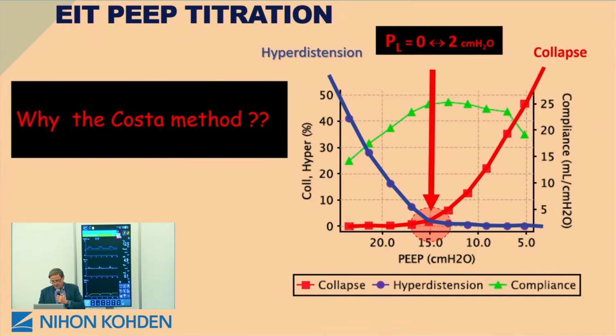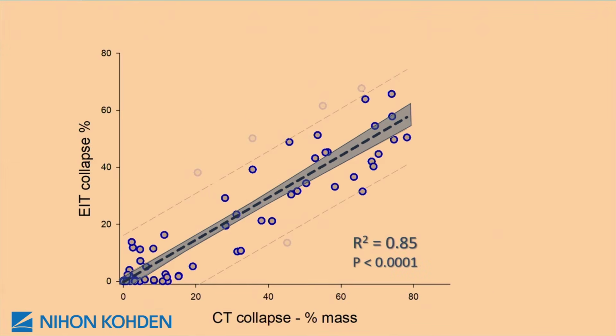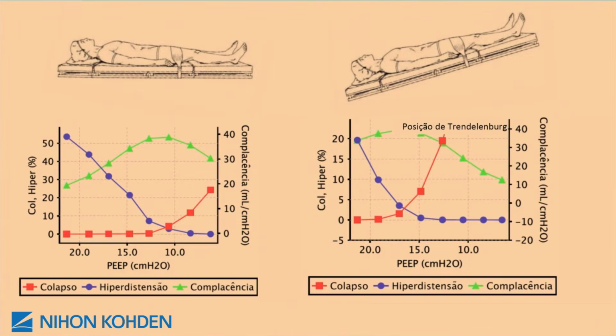Another thing that is very good about this method is that in CT studies, we could show a good correlation between lung collapse measured by CT, quantitative CT, and the amount of collapse calculated by the Costa method. And you can see interesting things like this.